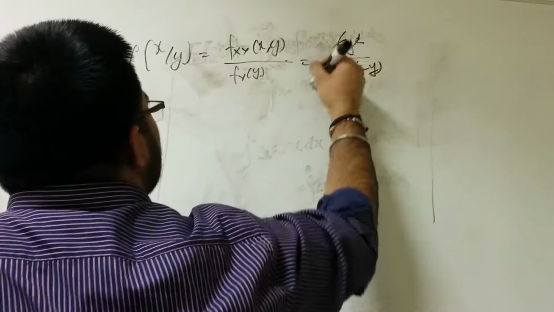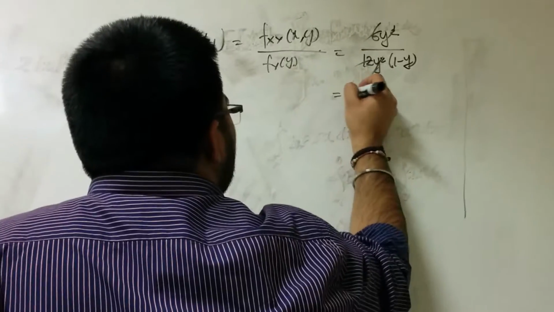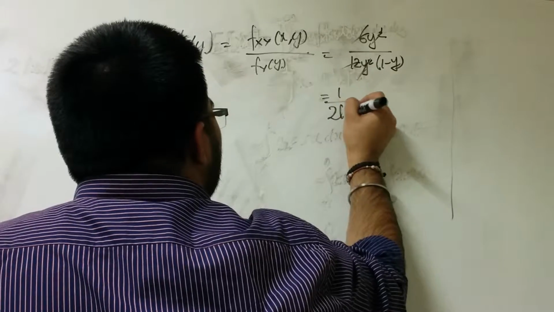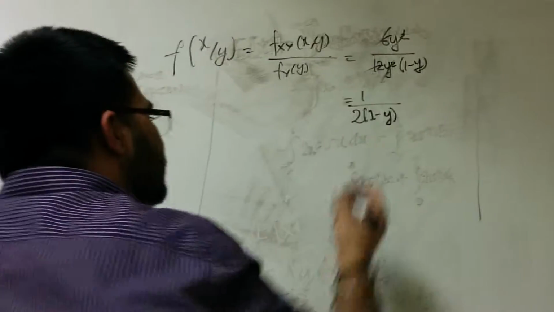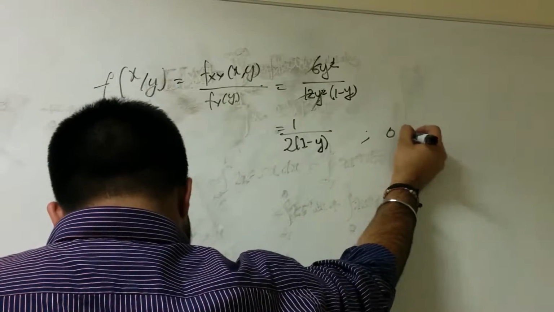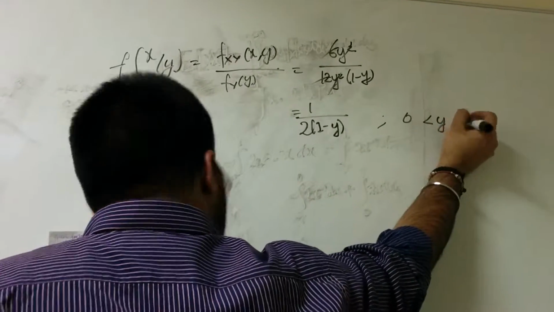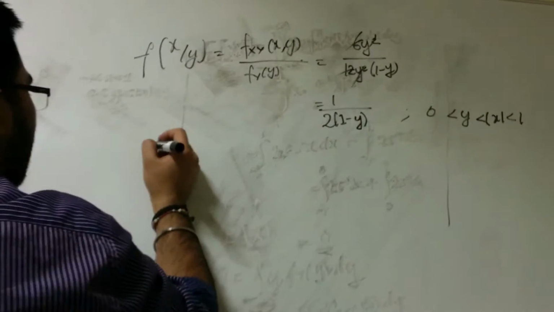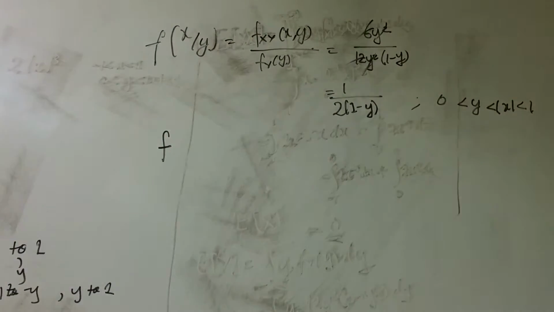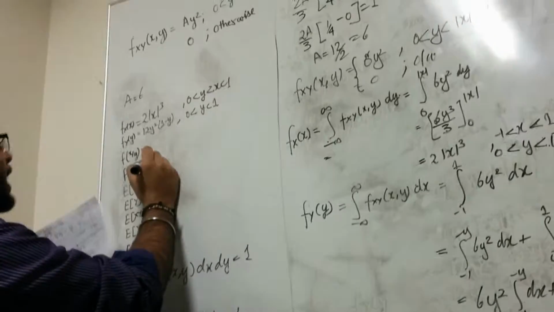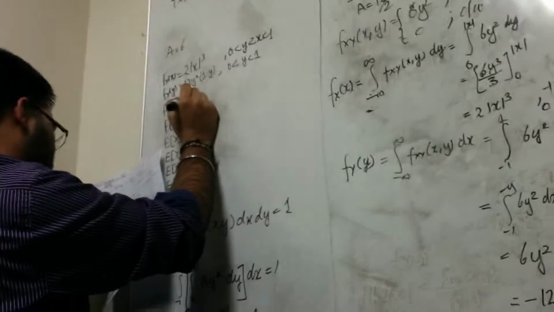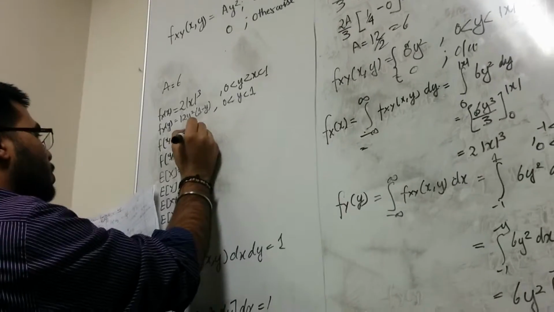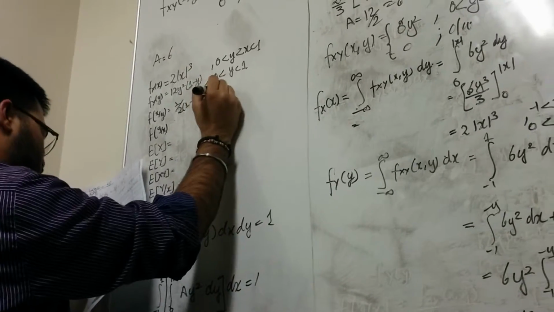Cancelling out the common factors, we would get 1 upon 2(1 minus y), and the limit is y greater than 0 less than mod x less than 1. So f x given y is 1 upon 2(1 minus y) in the range.